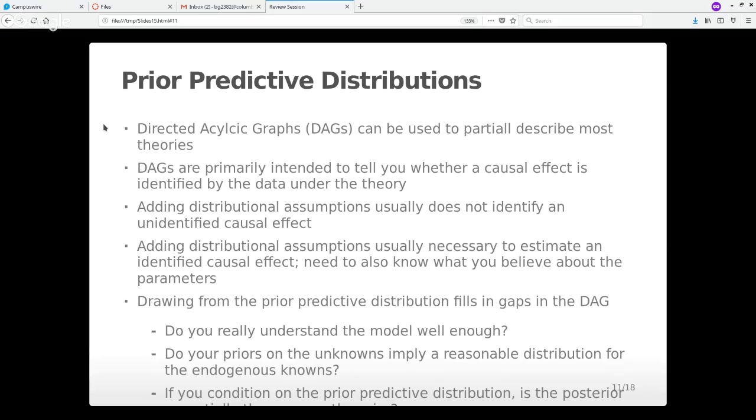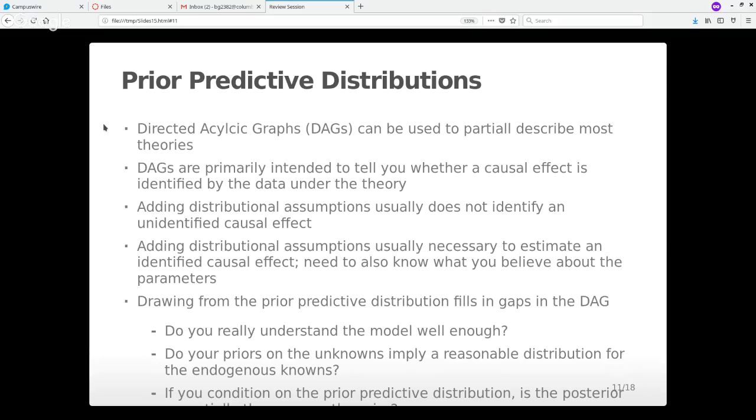Someone else could just as easily say they have these priors and come to a different conclusion. Well, we can always evaluate, even before we see the data, what is the distribution implied by these priors, and compare that with different things and see whether that accords with what we think the outcome is going to look like marginally.